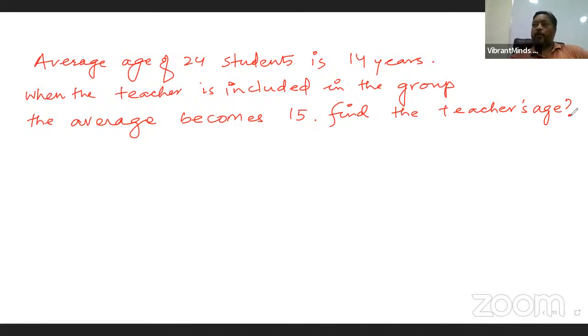First, I will solve by the general method, how we solve it, and then we will go by our shortcut. Okay, let's go. There are 24 students, average is 14.